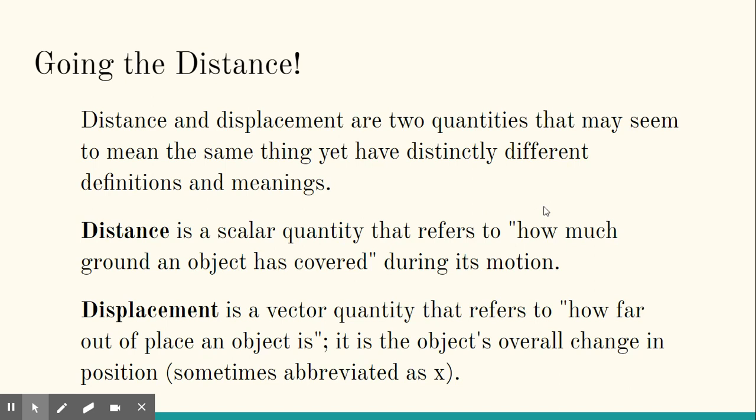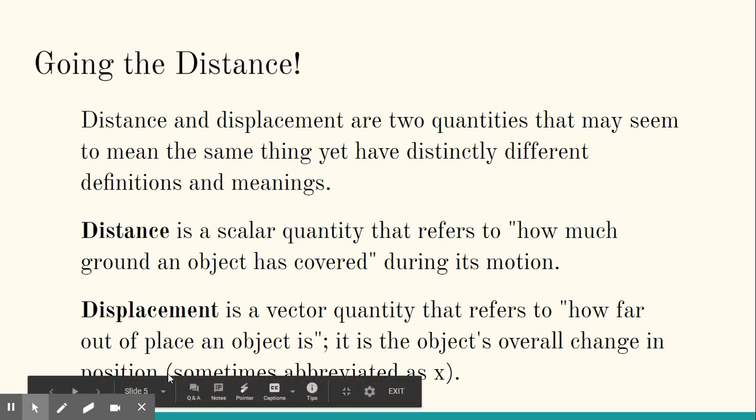Distance is just a scalar quantity that means how much an object has covered during its motion, whereas displacement refers to how much out of place the object is, or how far it has gone from the original location, or position, I should say. An object's overall change in position is called the displacement.